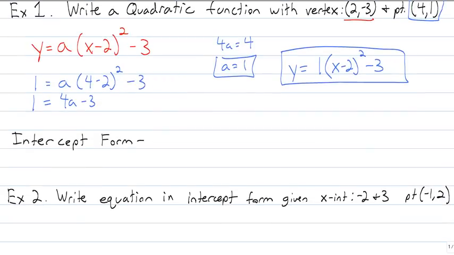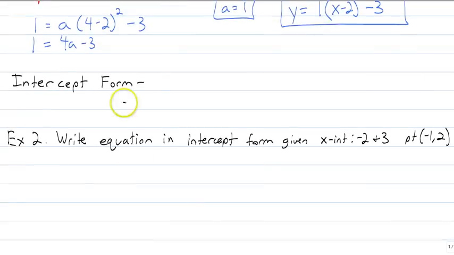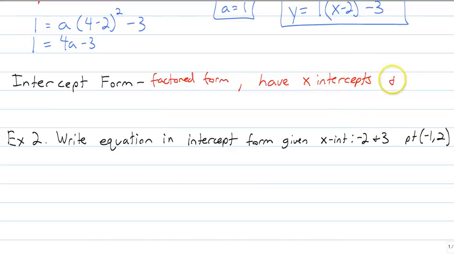Intercept form. Intercept form you could also think of as factored form. You use it when you have the x-intercepts and a third point.